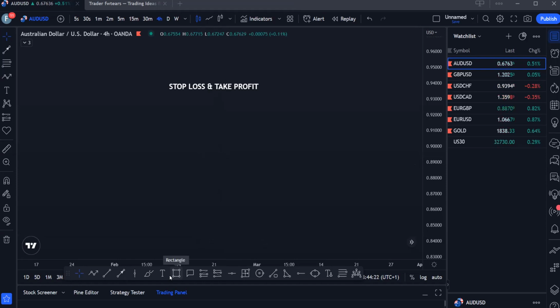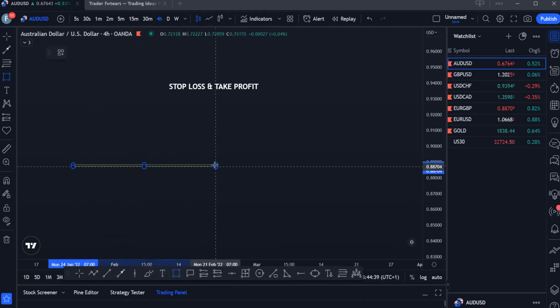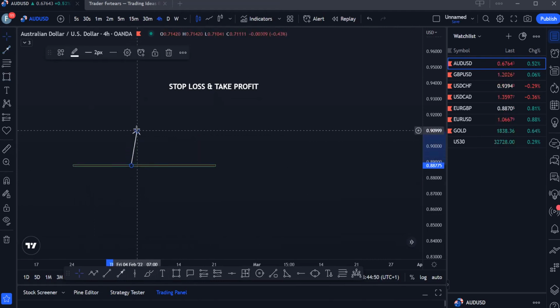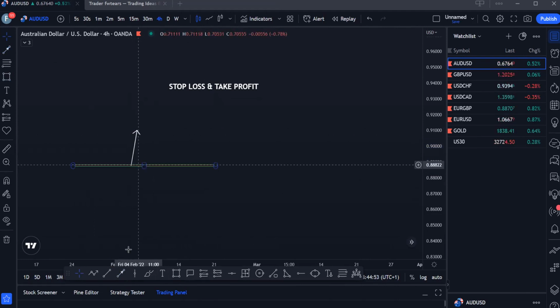So you are buying when price is going up, right? And then you are selling when price is going down. So let's say you place a buy here. You are buying at a low price, anticipating that price is going to go up, right? That's why you buy. So you bought here.